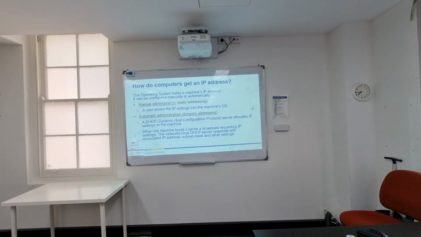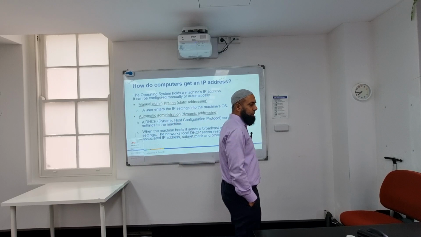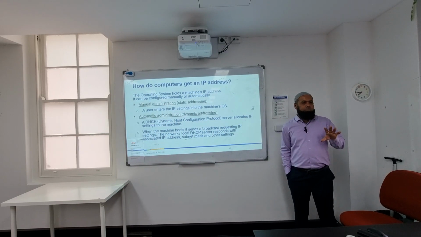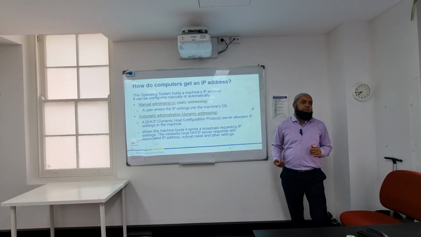When you are putting the password of any network, it takes only a few seconds to connect to a network the first time. That's the moment it is doing all this job. The DHCP of that local server is giving you the IP address, subnet mask, and some other settings.